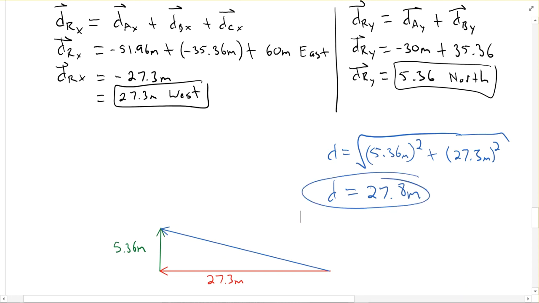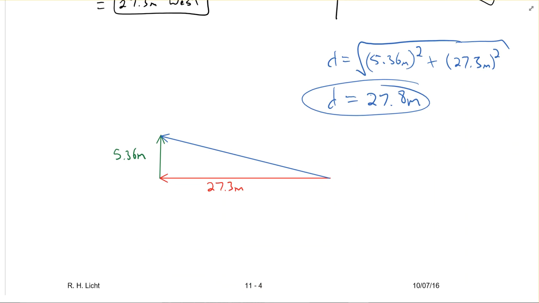Okay, and you think we'd be done by now, but we're not. So that's what our magnitude is, 27.8 meters. Now we just have to figure out what our angle is. To do that, we could use anything we wanted, but let's use the two side lengths, or the two components.